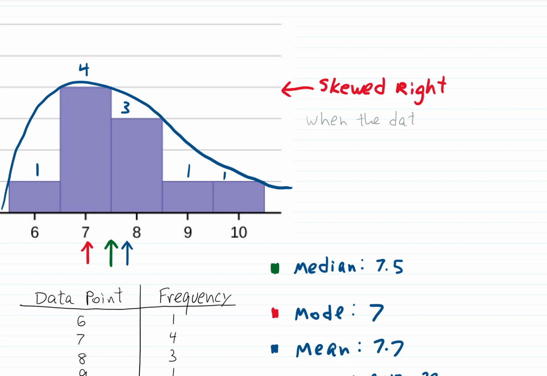And the data is skewed right. The median is pulled to the right of the mode.